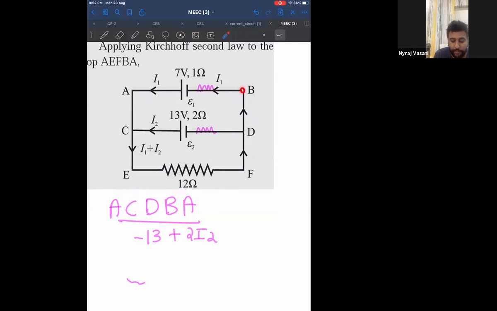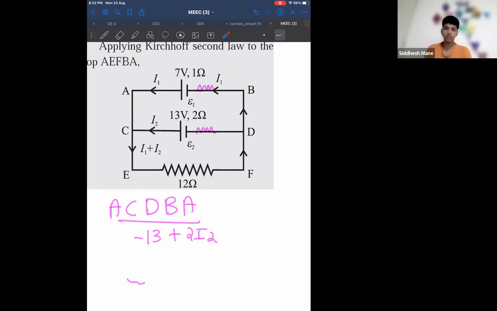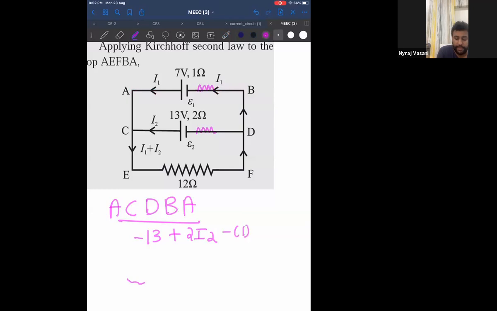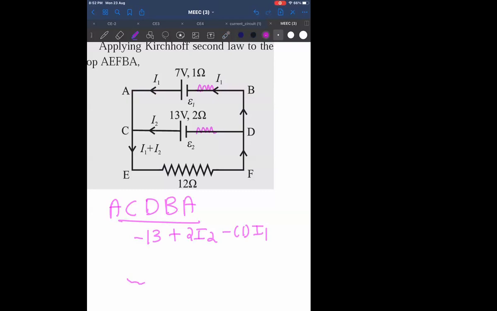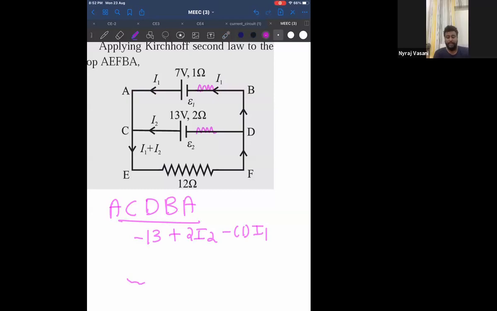Now, when I come from B to A, everyone listen to me carefully. Am I going with the direction of current or against it? With the direction of current. Therefore, it is minus 1 into I1. Because we are going with the direction of current, it will be a negative sign.